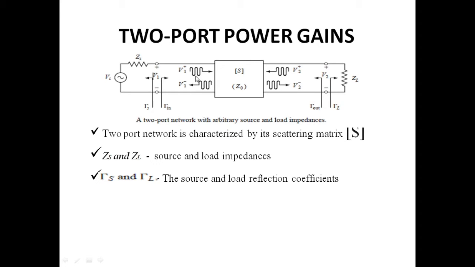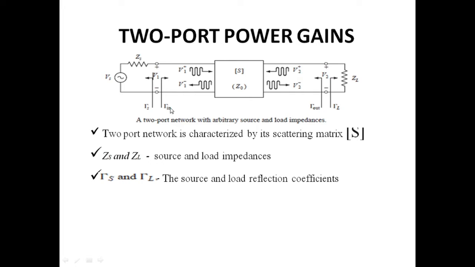Okay, here V1 plus represents the value of voltage which is present in the input side of the network, that means incident voltage, and V1 minus represents the value of reflected voltage from port 1. Similarly, V2 plus represents the value of incident voltage at port 2, and V2 minus represents the value of reflected voltage from port 2.